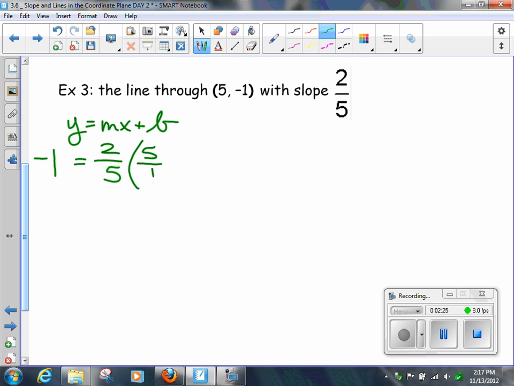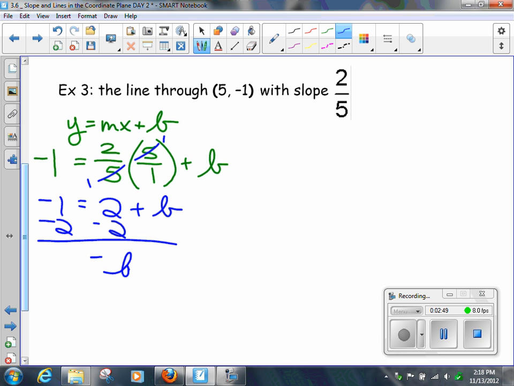Why am I using 5/1? Well, what happens to my 5s? They cross cancel. And look what ends up being -1 is equal to 2 plus b, because 2 times 1 is 2, 1 times 1 is 1, 2 over 1 is 2, correct? All right, subtract 2.